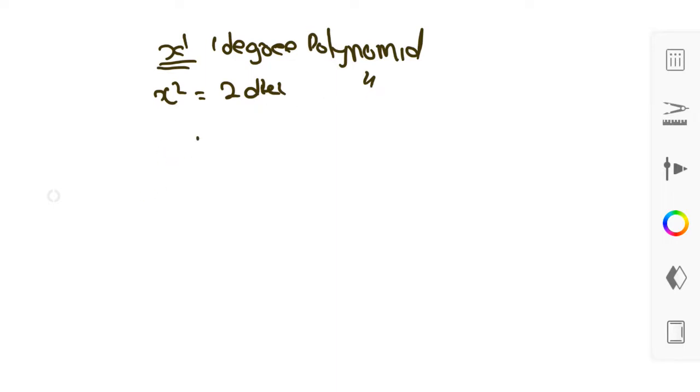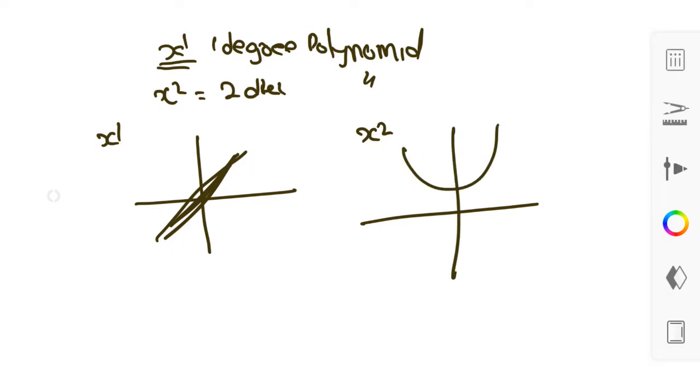Graphically, x raised to 1 is a line that passes through the center, x raised to 2 is a curve, and x raised to 3 goes somewhat like this.